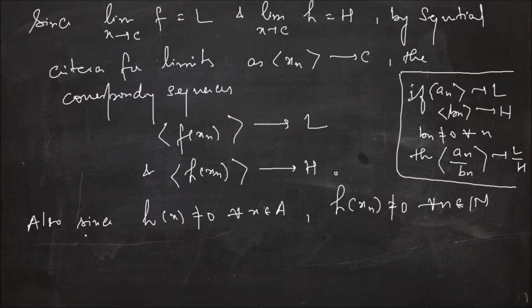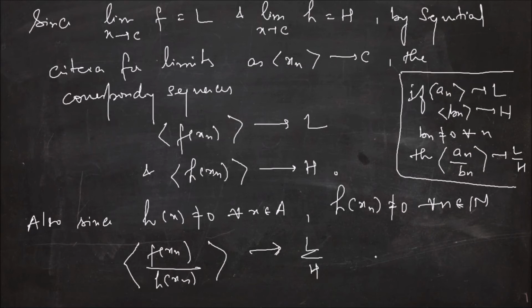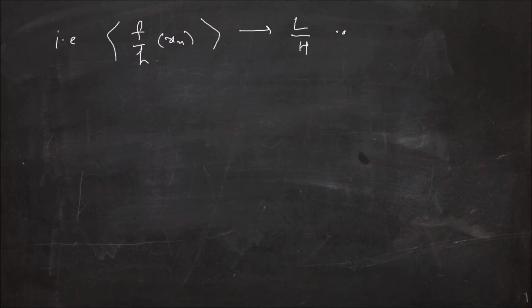So using this result, what I get, f(xn) by h(xn) converges to L by H, right? Now what next? So f(xn) by h(xn) is nothing but (f by h)(xn), that is (f by h)(xn) converges to L by H.